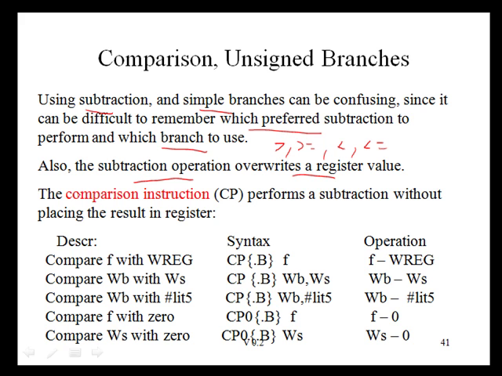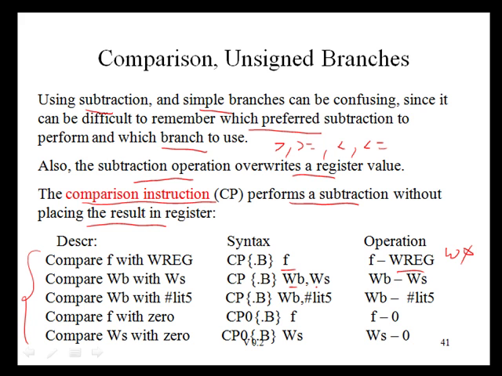The first thing we'll look at is a set of instructions called comparison instructions. These comparison instructions perform a subtraction without placing the result in a register. They will affect flags, but they do not place the result in a register. So these show some forms of the comparison instructions. This is going to compare a memory location against WREG, which is W0.